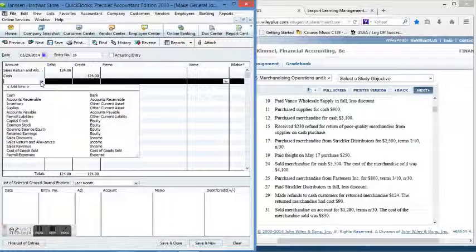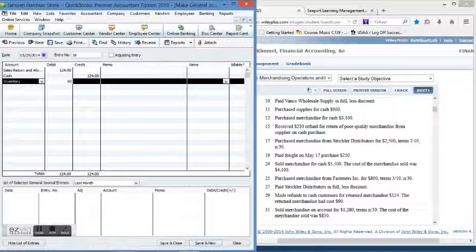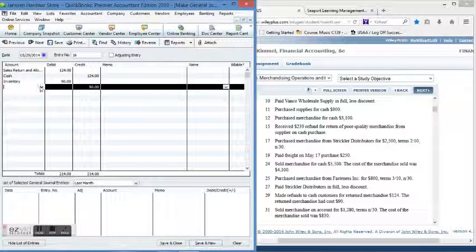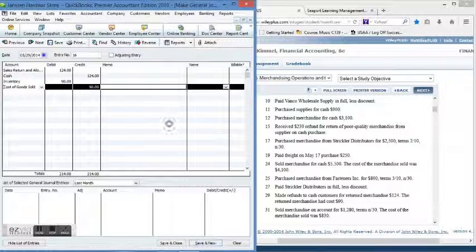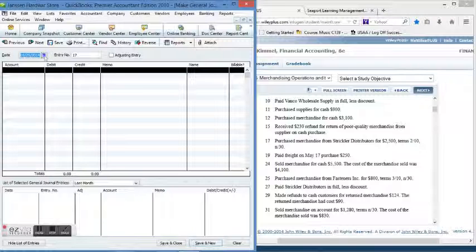Cash, $124. We had to give them their cash back. Inventory gets debited $90 because we got that back. And cost of goods sold also gets credited $90. Take that away. And just put in a little note, returns of merchandise. Pretty easy.